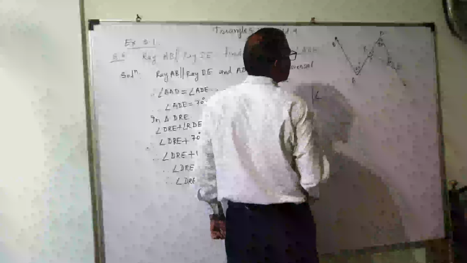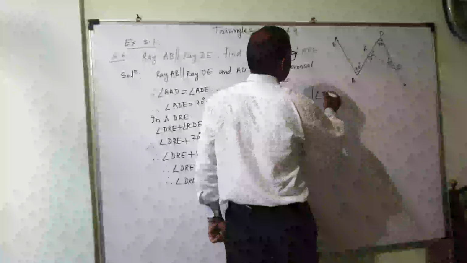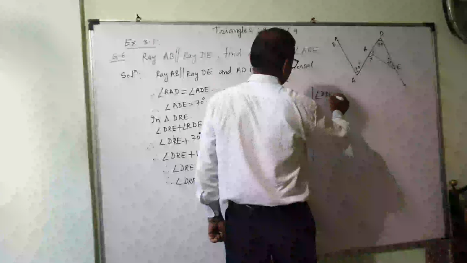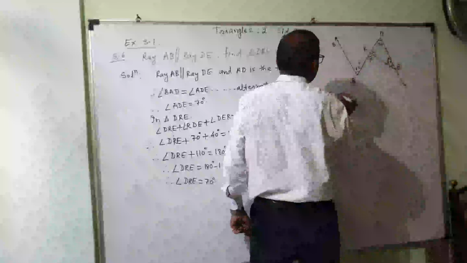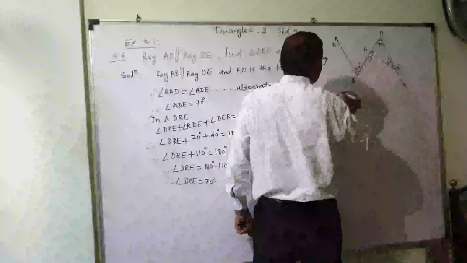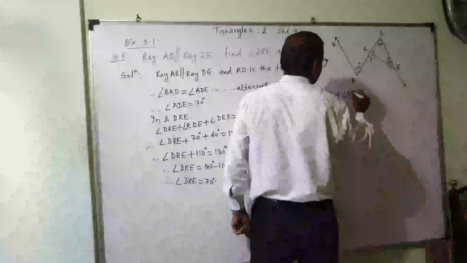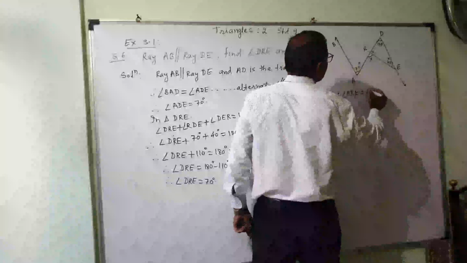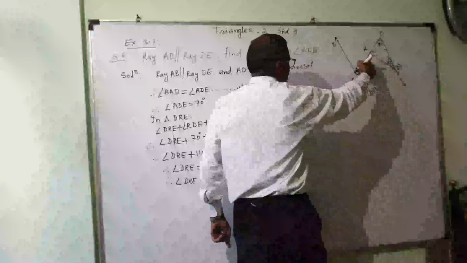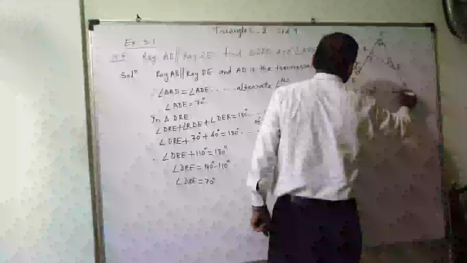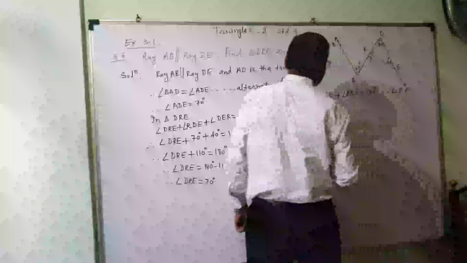Angle DRE means this angle. DRE plus angle ARE is equal to 180 degrees. This angle plus this angle, so they are on the same line. So LPA, linear pair angles.